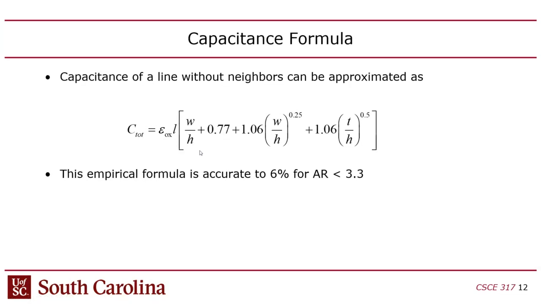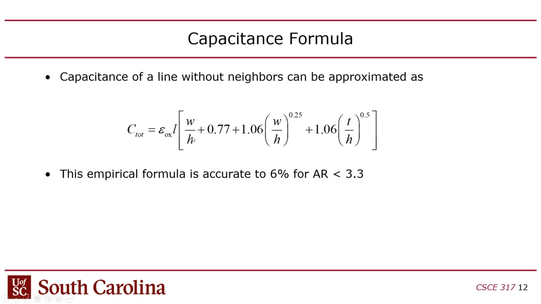They make the oxide layer thinner with each successive generation of chip technology. So this is just an empirical formula, so they just did a fit. Empirical means that they basically built some wires and measured the capacitance, and then they developed this equation to fit the measurements that were observed.